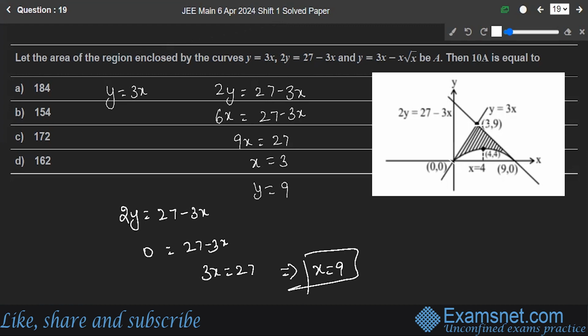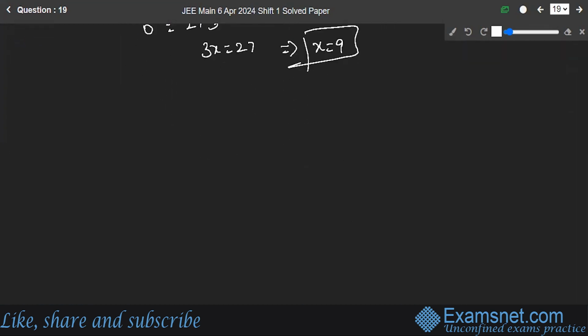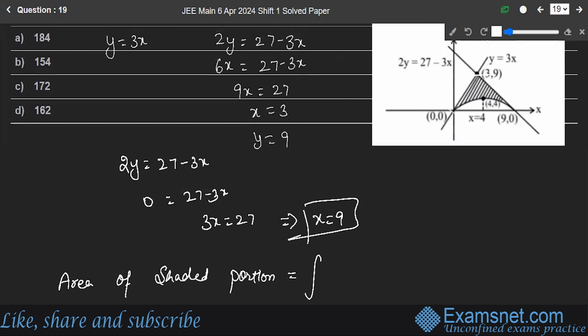Right, now the area of the shaded portion will be given by the area of the shaded portion. This will be given by the integral of 0 to 3 for 3x. Write it here: 0 to 3, 3x minus (3x minus x root x) for the parabola.